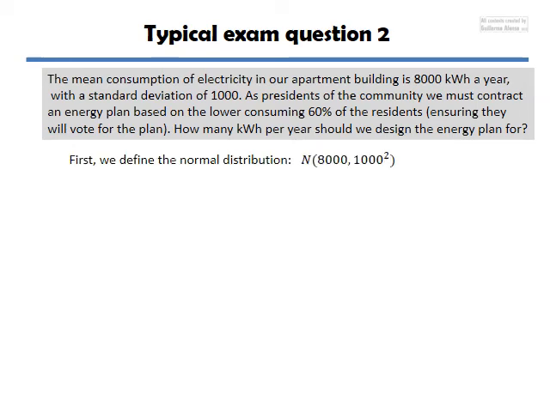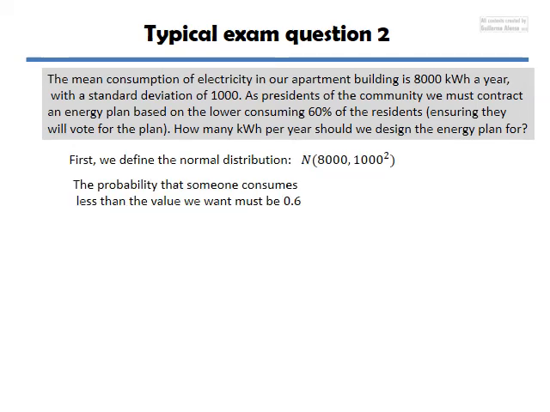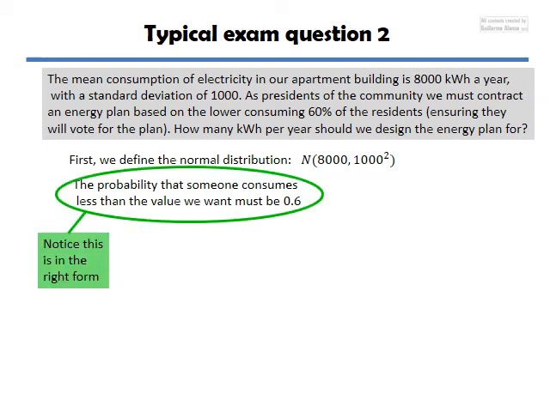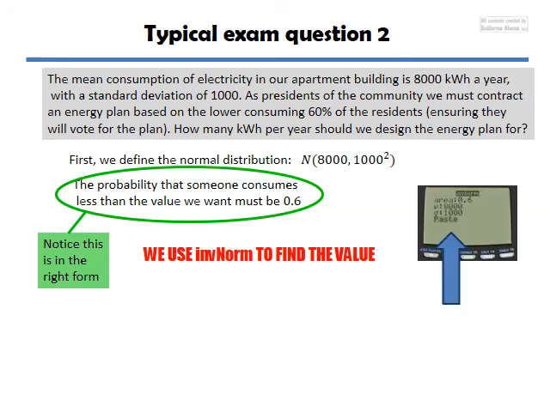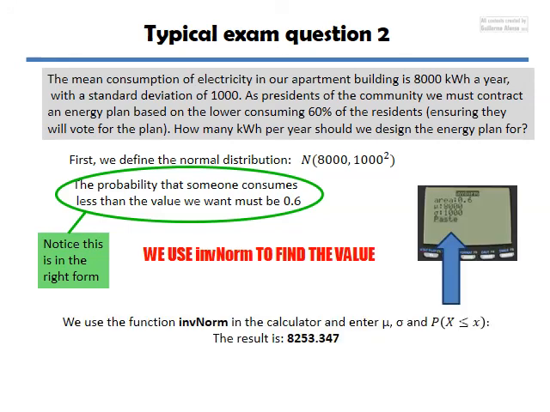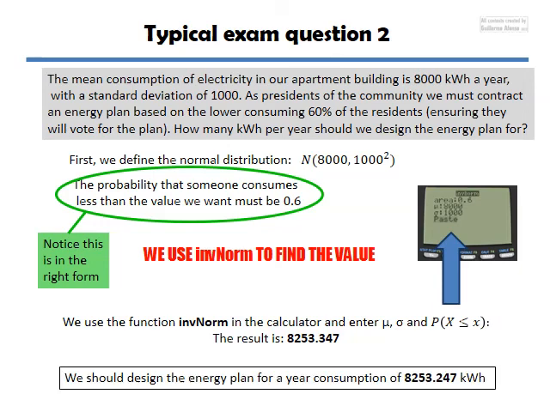Well, we define the normal distribution, and the probability that somebody consumes less than the value we want must be 0.6. If I pick somebody who lives in the community, the probability that they consume less than that must be 0.6. So it's in the right form. It's smaller than that value. The probability is 0.6. So I go to the calculator, I put it in, and I get 8253.347. There you go. Simple.